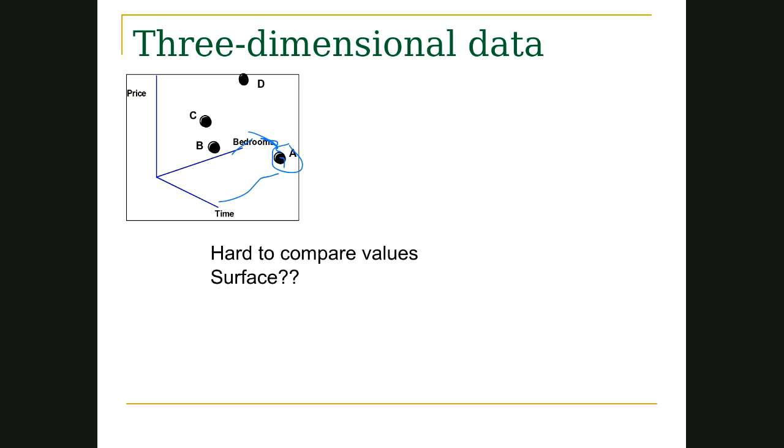However, if A is really close to me, so that means it's hitting here, that means it's a lot higher. So I have to interpret it in a different way. That is the main problem with these things. You cannot really tell how far away they are.